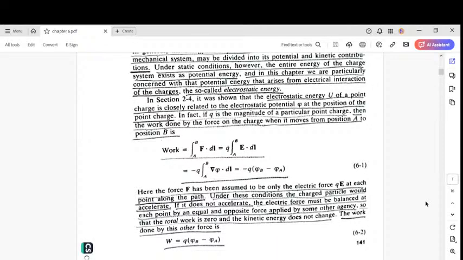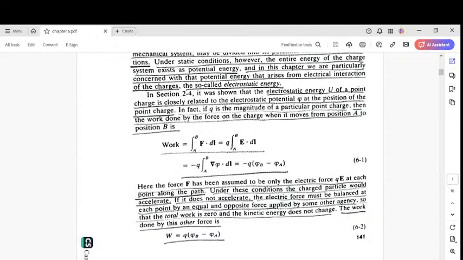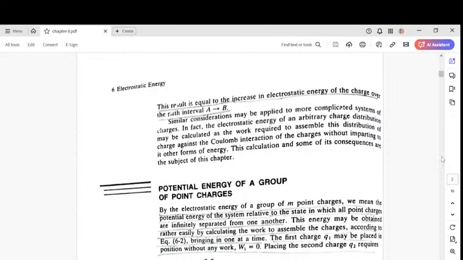We can see that the work done by the other agency, in the opposite sense, will be W equal to Q into phi B minus phi A. So this result is equal to the increase in the electrostatic energy of the charge over the path interval A to B. Means this work done is stored as the electrostatic energy of the system when it moves over the path from A to B. So this was basically the concept of electrostatic energy.